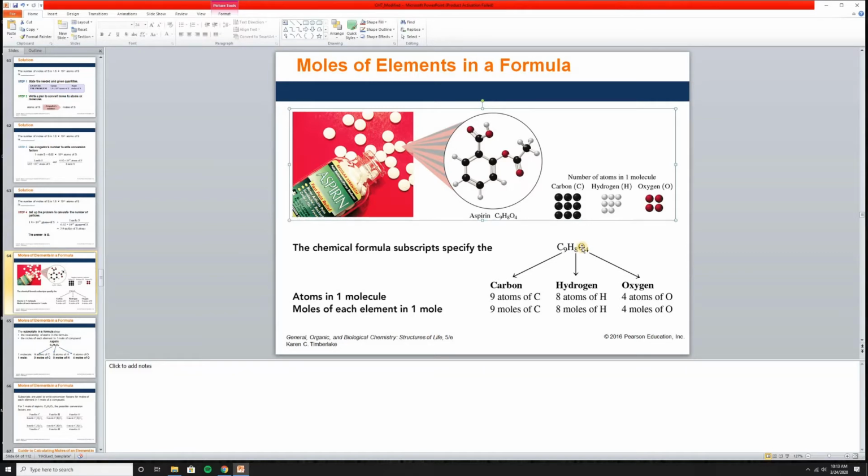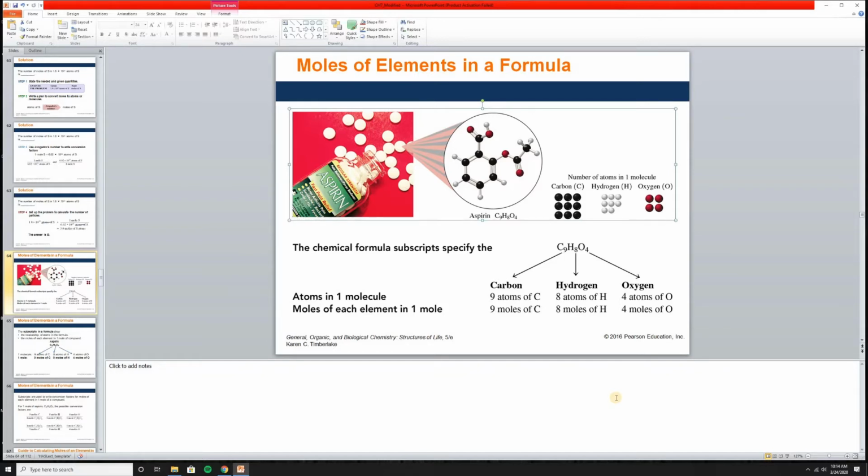Because let's say you put 2 pieces of paper on a table. If you have a mole of tables, and you have 2 pieces of paper on each table, that means the moles of paper is 2 times the number of tables, because there's 2 pieces of paper per table.